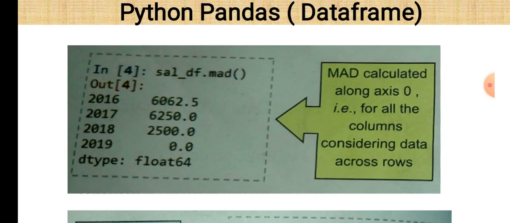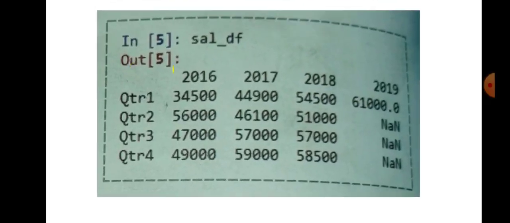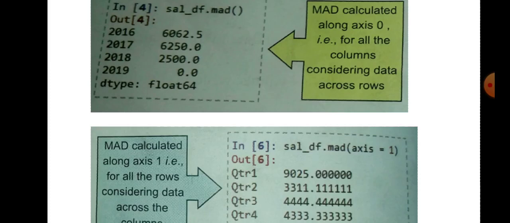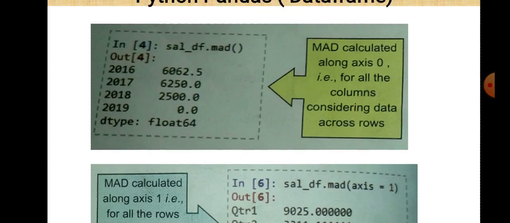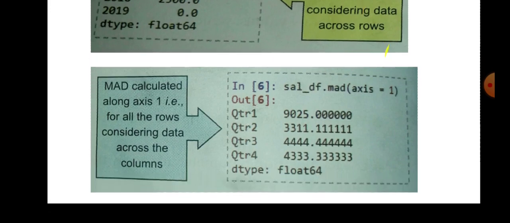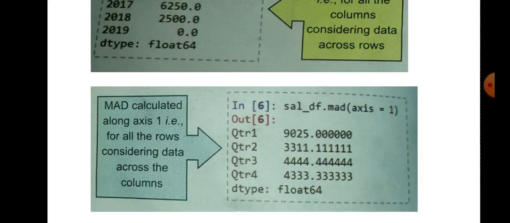Now look at the data frame first, and you can easily see that 2016, 2017, 2018 and 2019. Okay, and then if you want to find out the mean absolute deviation along axis 1, just write only one thing, just give axis is equal to 1 as a parameter value.